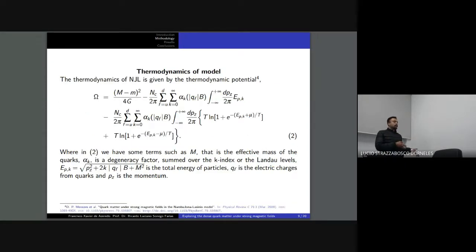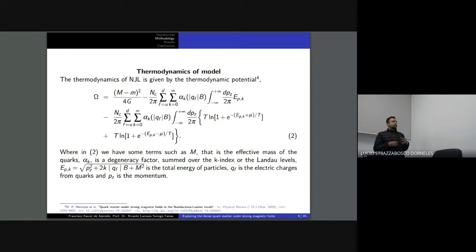From the Lagrangian density, we can obtain the thermodynamic potential given by equation 2, where in equation 2 we have the effective mass given by capital M. Alpha k is a degeneracy factor summed over the k index.